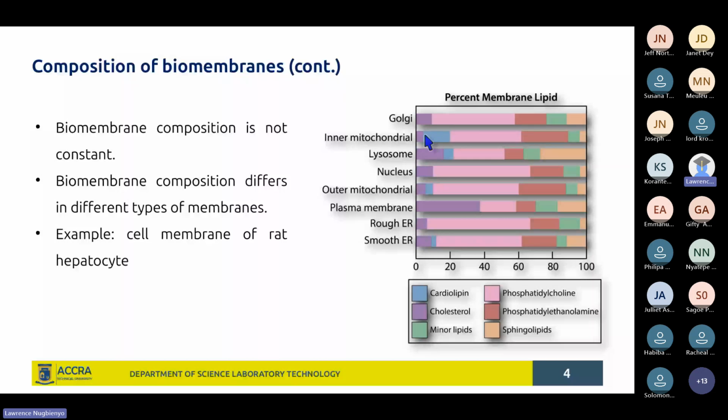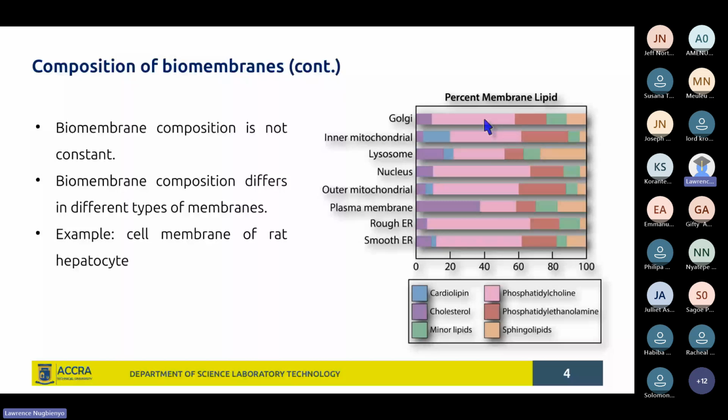On the horizontal axis, you have percentage, so it's from 0 to 100%. And we see cholesterol in the liver cell of the rat contains just about 10%. And you see about, say, 30% of phosphatidylcholine in the membrane of the Golgi apparatus.